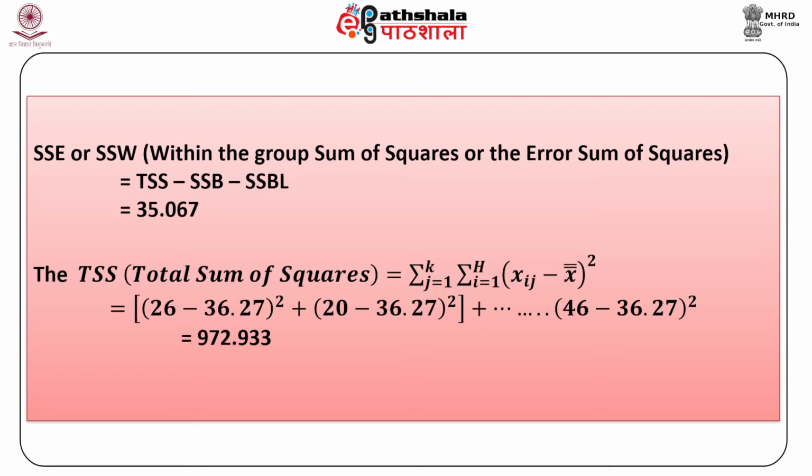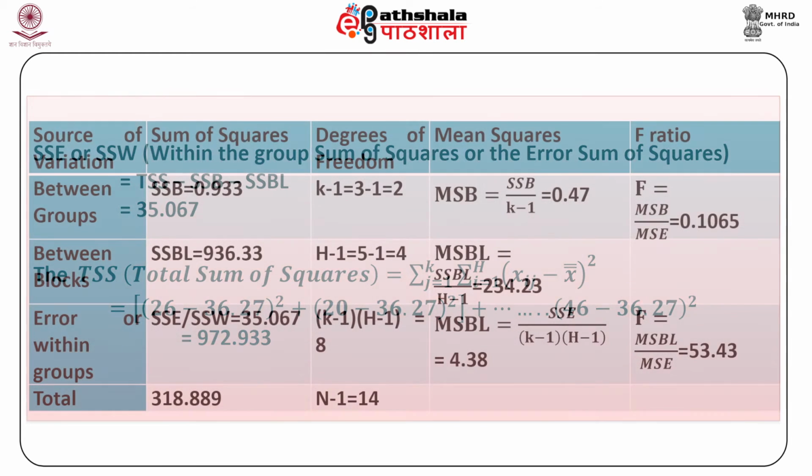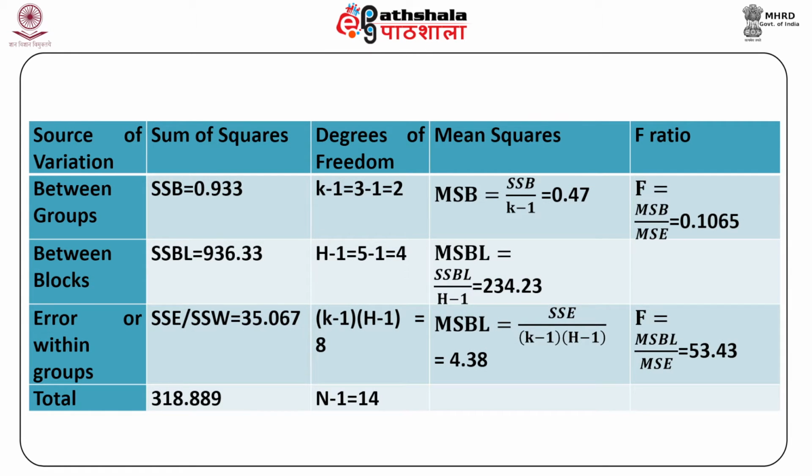The third calculation, the within the group or error sum of the squares, calculated from TSS minus SSB minus SSBL, comes out to be 35.067. And the total sum of the squares, which is obtained from our formula of double summation of x ij minus x double bar squared, is equal to 972.933.